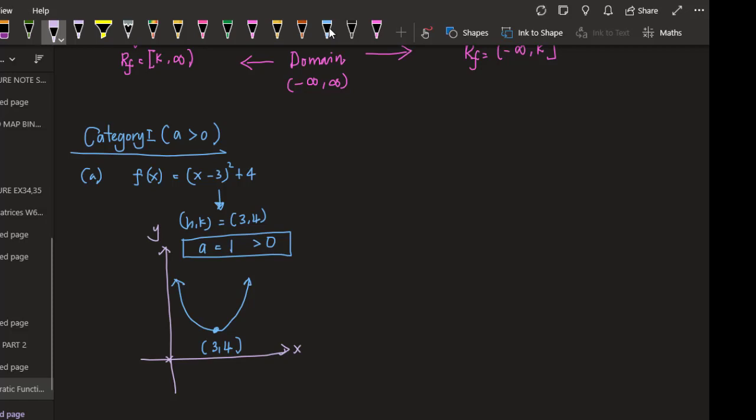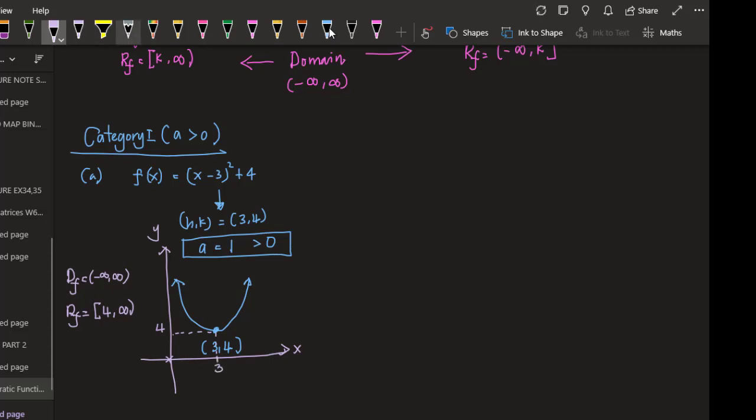From here you know the domain is real numbers and the range is 4 to infinity. We are taking the y value, which is 4. The 3 is just telling you the information about the axis of symmetry.